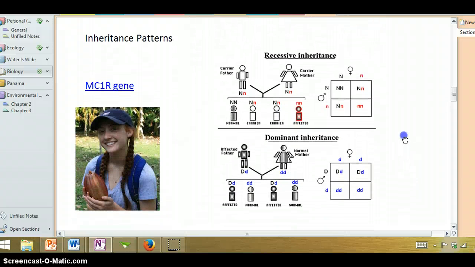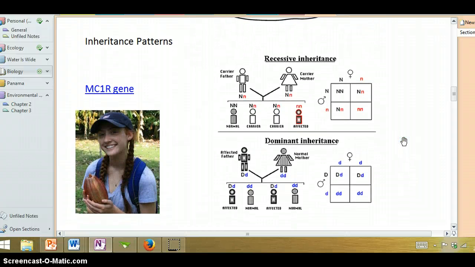All right, inheritance patterns. As we saw with Mendel, we can talk about traits that are dominant and traits that are recessive. With a trait that shows a recessive inheritance pattern, you'll notice that in order for one of the offspring to express it, both parents have to at least be carriers. If neither parent is a carrier, none of the kids will express the recessive trait. Some of the kids might be carriers, but they won't express it.